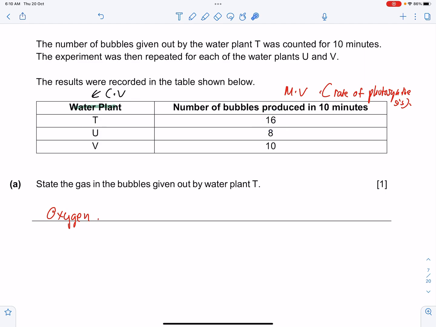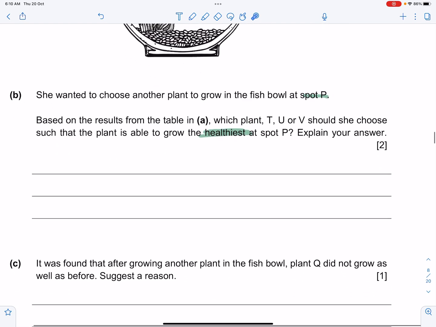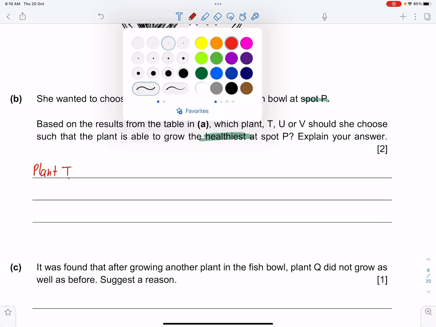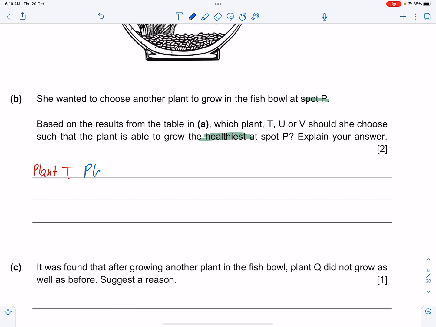Okay? Now, you can use CER for this. So I'm going to break it down for you. So answer plant T. This is your claim. And then your evidence. You want to take it from your graph. So plant T produces the most amount of bubbles, okay, as compared to the others.